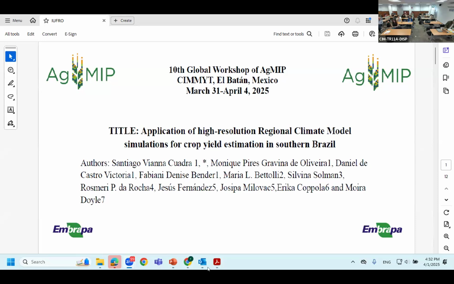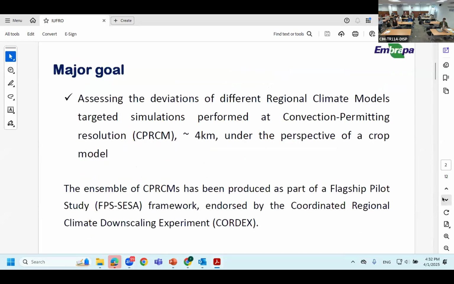So the idea is we run a crop model using high resolution regional climate models. The major goal was assessing the deviation of these regional climate models at target simulation performance or convection permitting resolution.